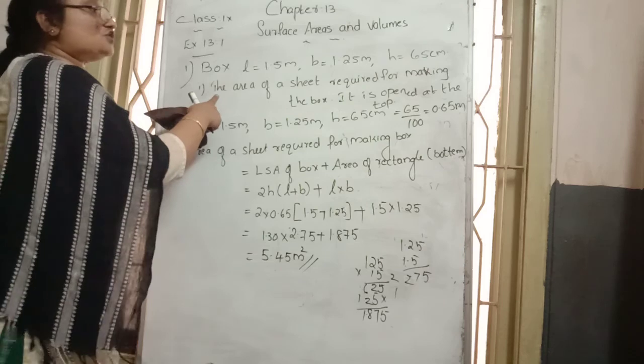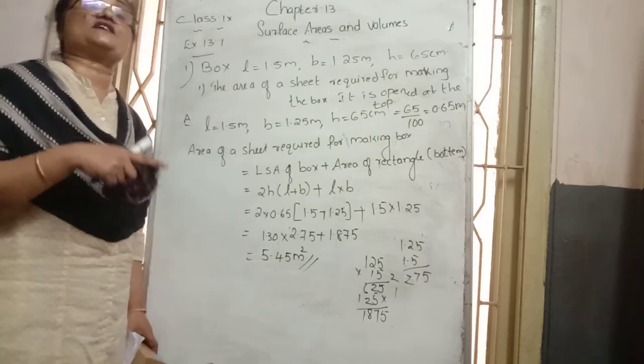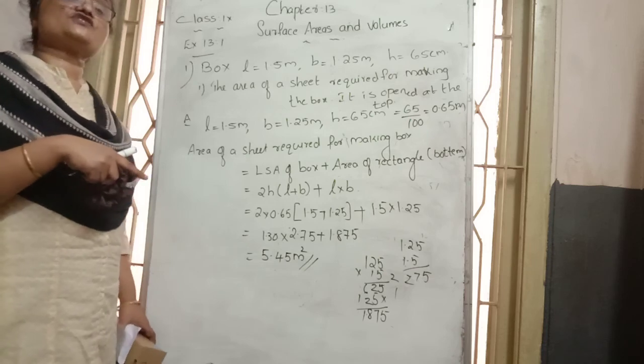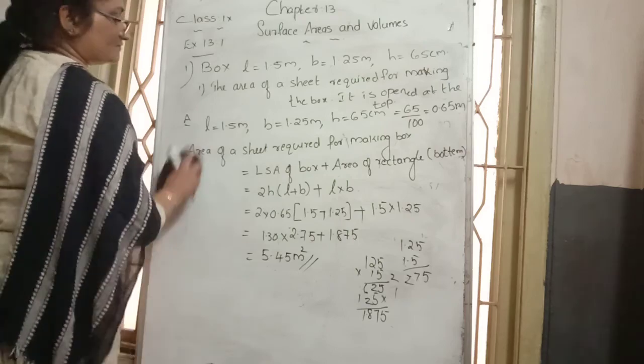Next, the second part of the same question. Cost is also asked: how much amount is required for purchasing that sheet. Cost is also given there. 1 meter square cost is given as 20 rupees.